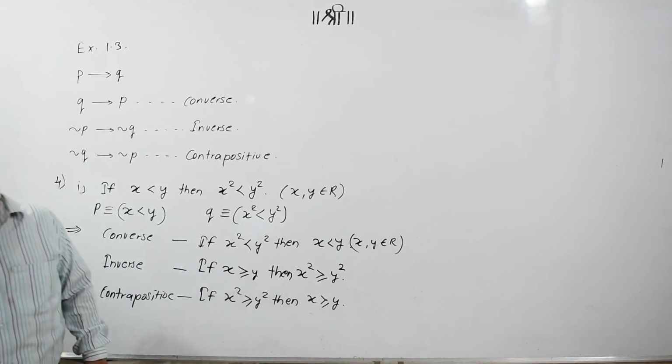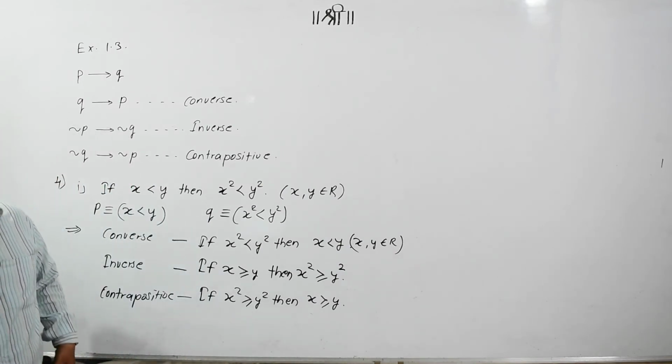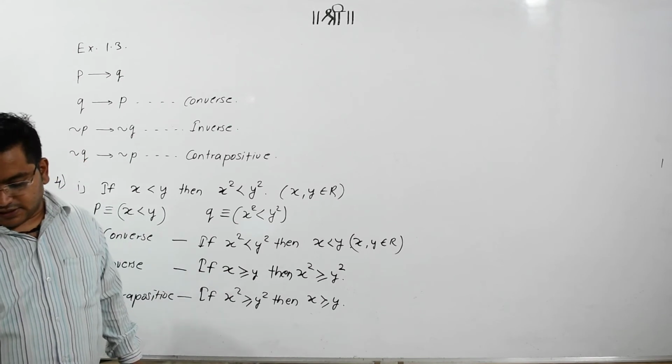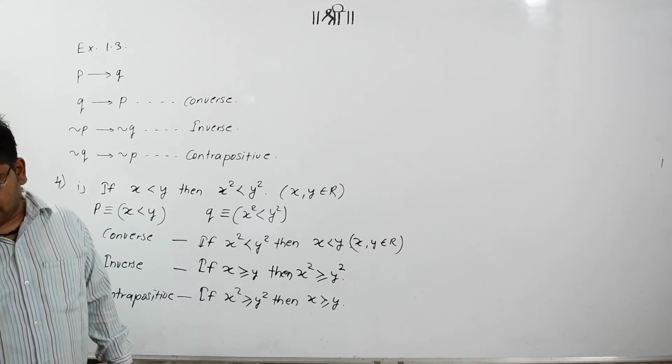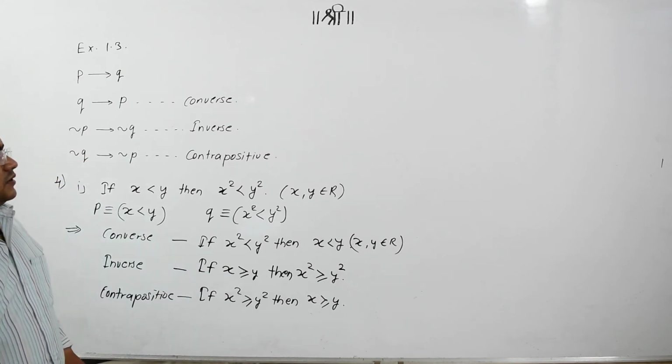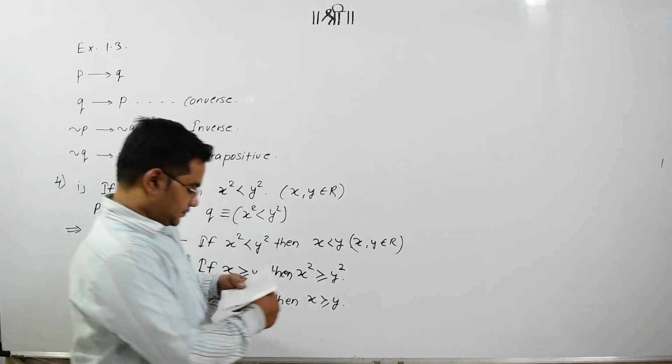What is our further question? Further question says that a family becomes literate if the woman in the family is literate. So I need to write it properly.